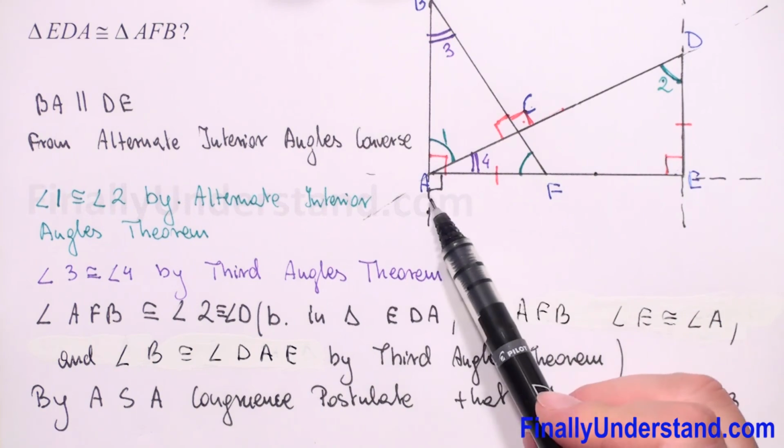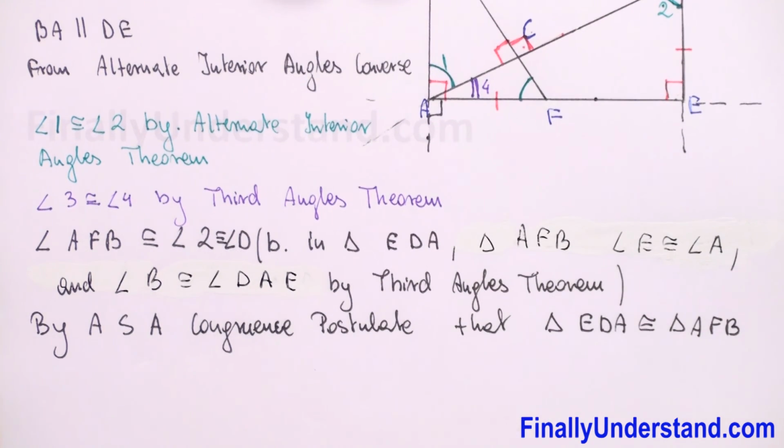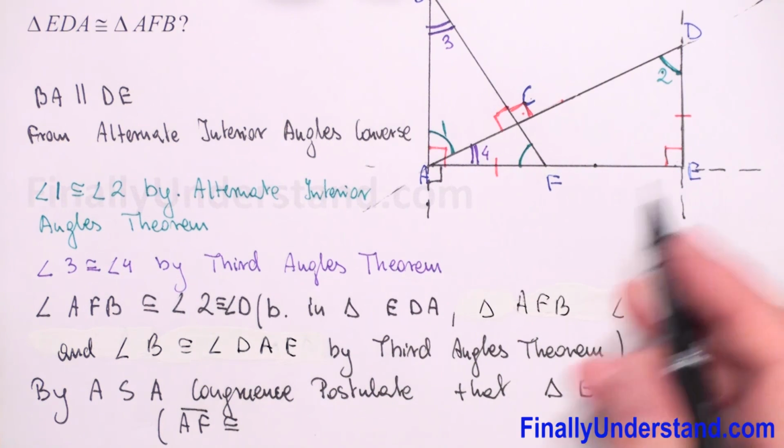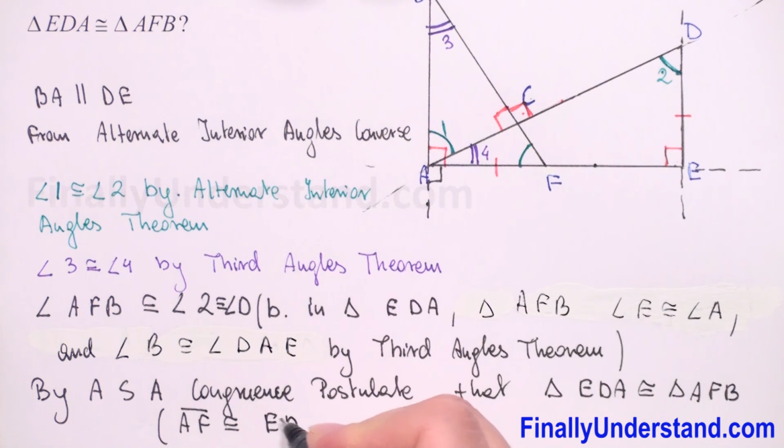We have given this, that we can write in parentheses that AF side is congruent to ED. It was given. So this is my solution.